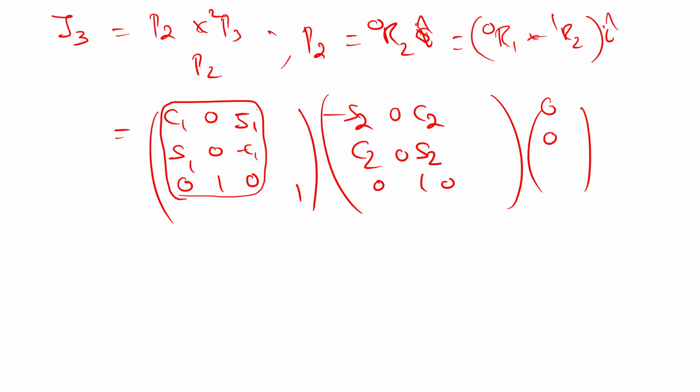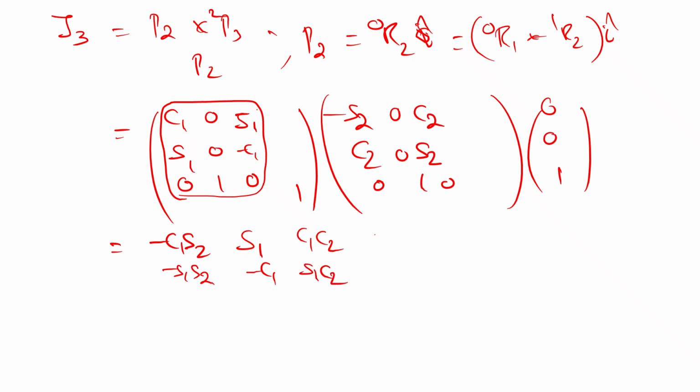So let's have it. Now we'll multiply this. When you multiply, it is minus C1 S2 0, then 0. Then here this is 0, this 0. You have S1. Then when you multiply this, C1 C2, this 0, then you have 0. Then the next term is minus S1 S2, minus C1 S1, C2.